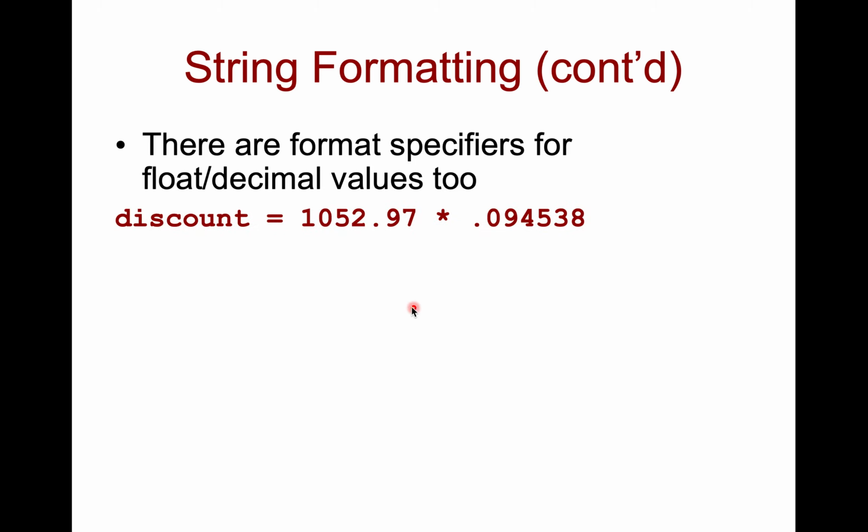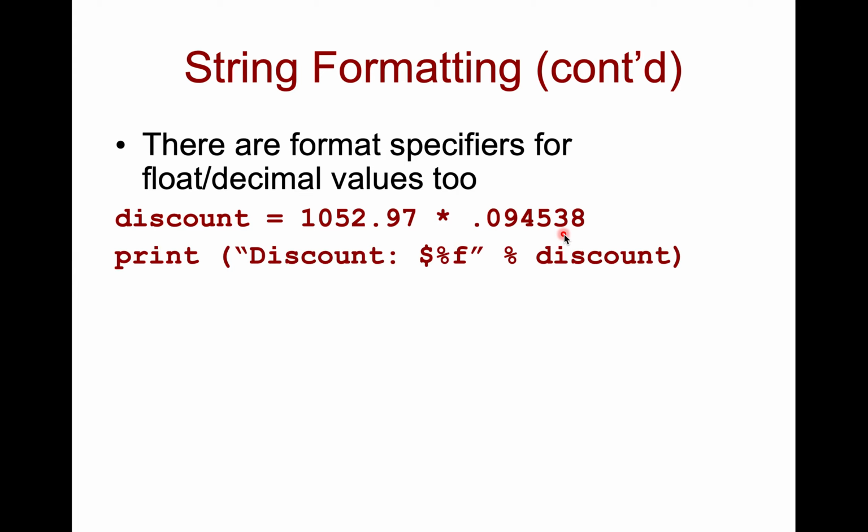Okay, so here we have a variable called discount. It's set to the value of 1052.97 times this very small decimal right here, 0.094538. If we go ahead now and use what's stored in discount with the %F format specifier to represent a float value, then we'll see this output.